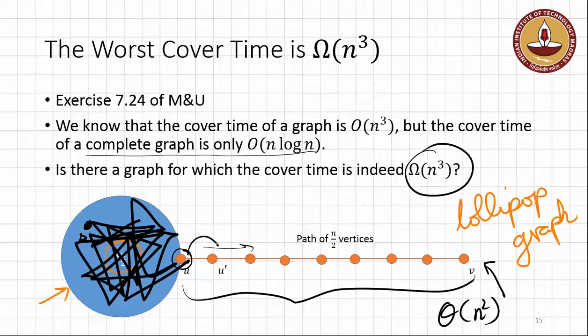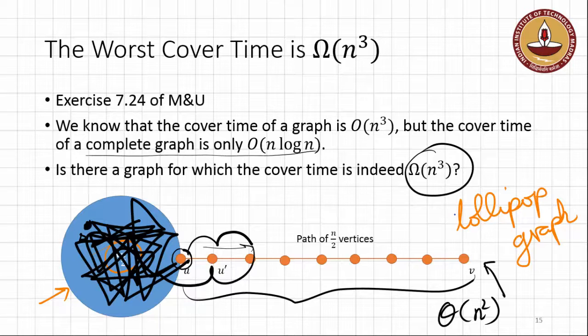You can think about it intuitively, and I also encourage you to write a small program to verify what I'm claiming here. It could easily fall back in here. So really, working its way all the way to v takes some effort, and that's where this big omega of n cubed comes in.